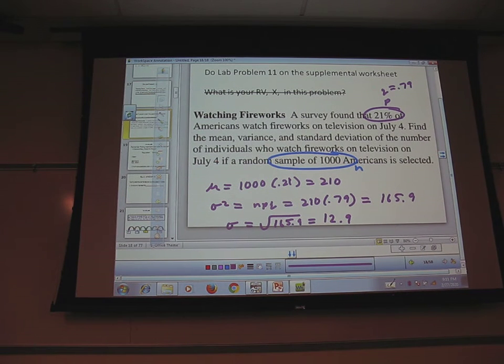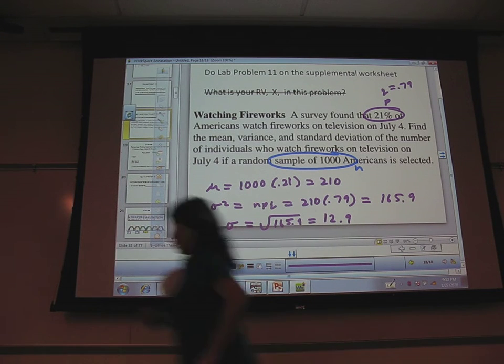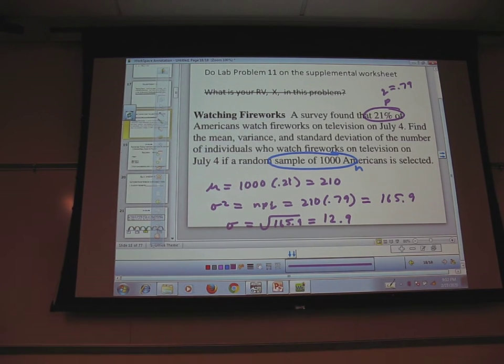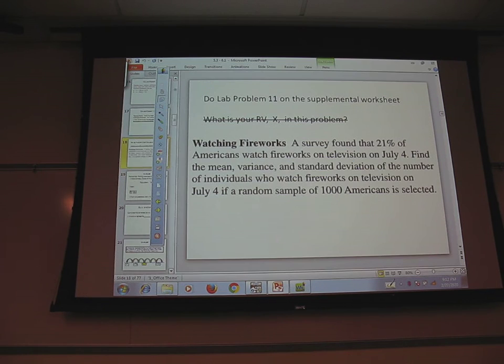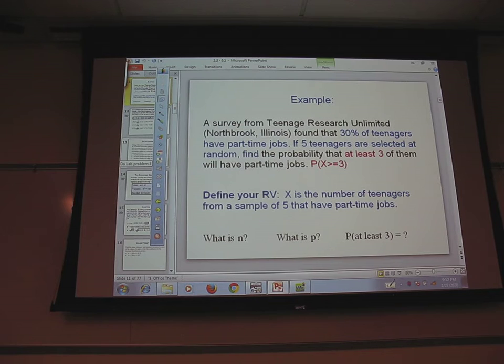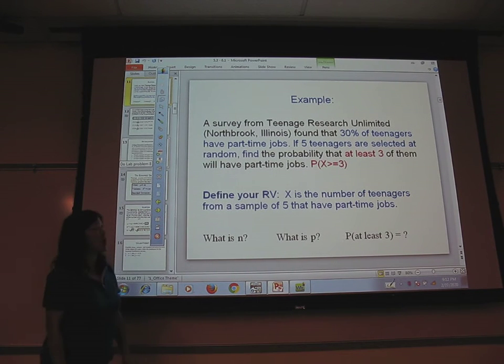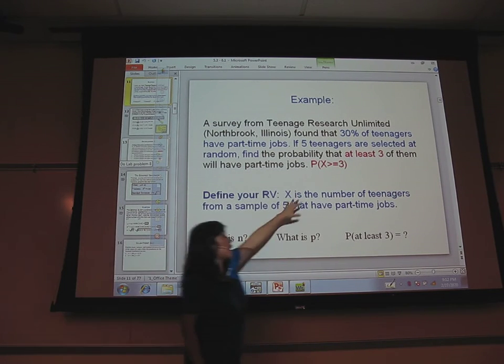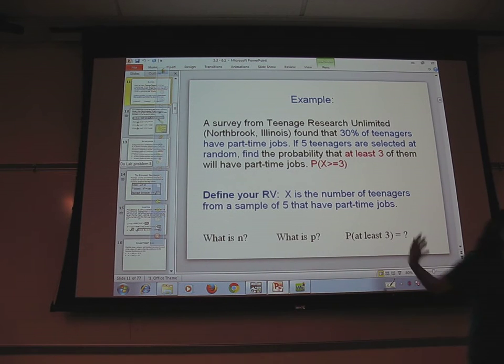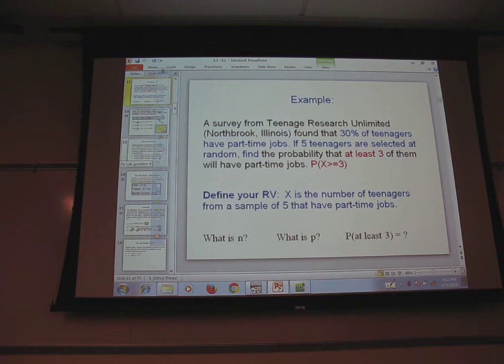So if I give you a problem and I say, find the probability that x is 2, like if you go back to this previous problem we did, and then at the end of this, find the probability at least 3 of them have part-time jobs, and then I say, find the mean and standard deviation of this distribution. That has nothing to do with the x is 3. The distribution is the n and p. It doesn't vary.